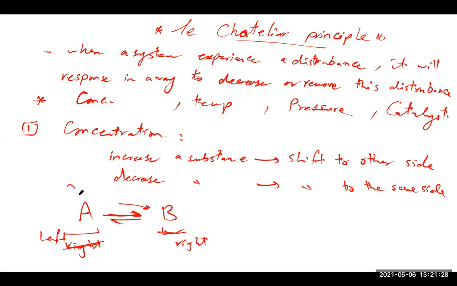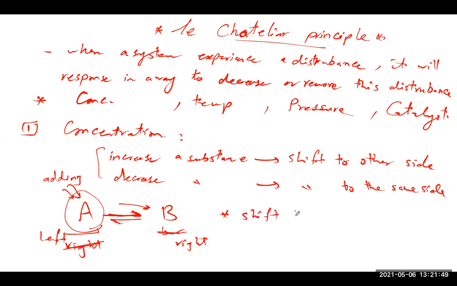So if I add more A to this reaction, what will happen? What does the rule say? If you add more of a substance, it will shift to the other side. So if we add more A, the reaction will shift to the right.